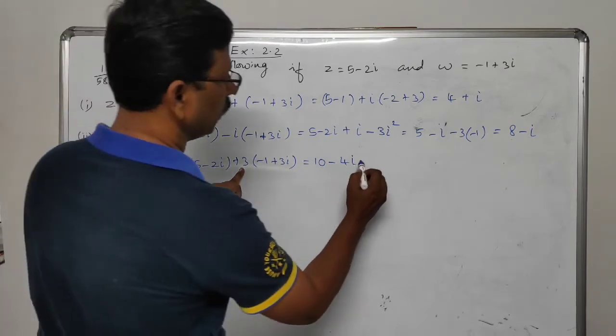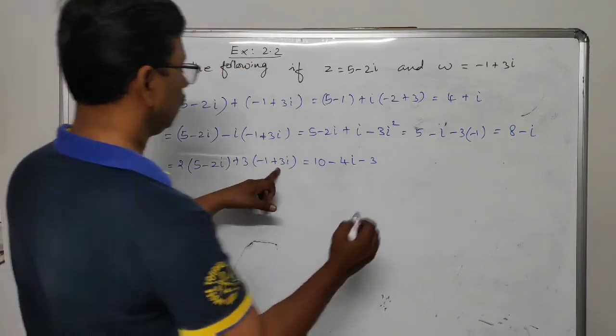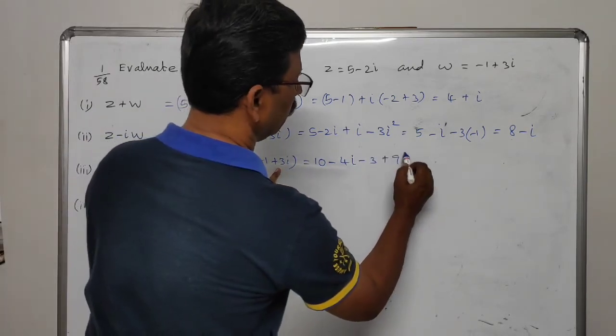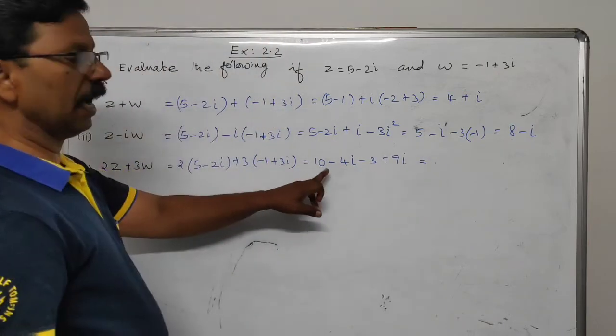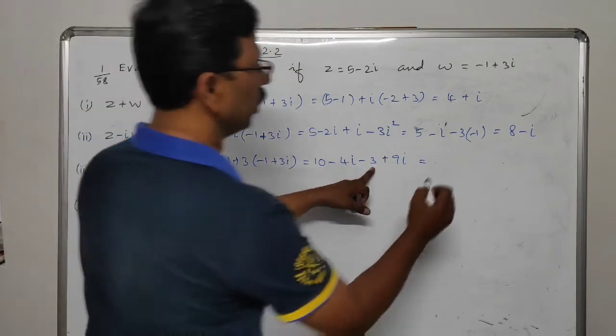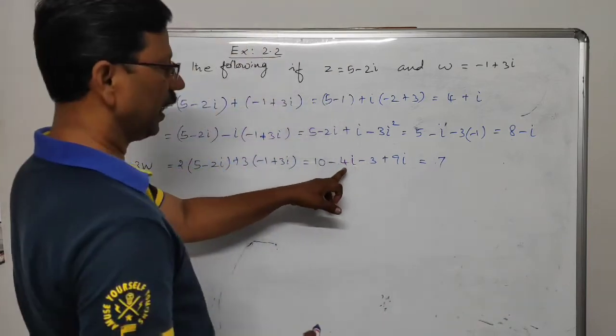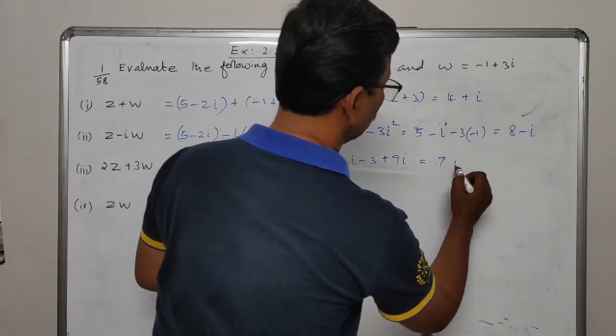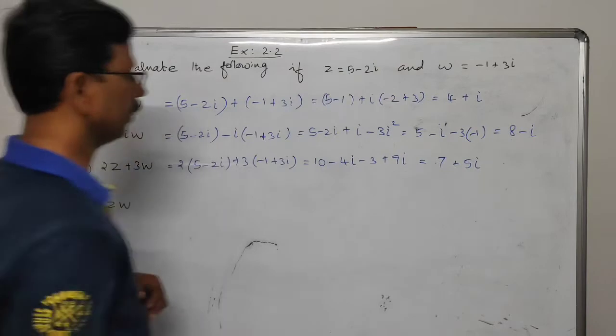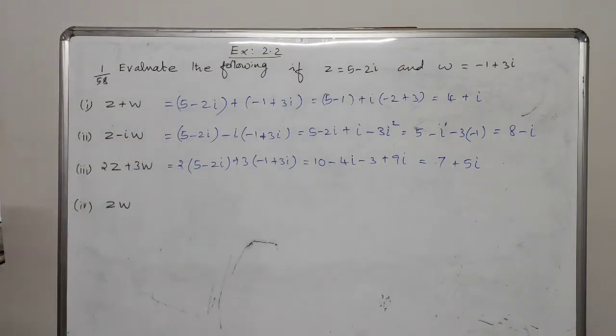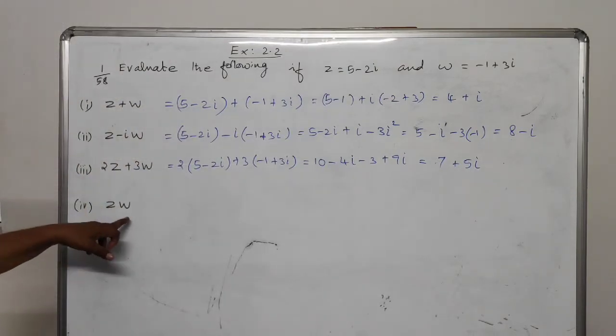Then this will be minus 3 plus 9i. Now the sum of these: again add the real parts together. 10 minus 3 gives 7. Minus 4i plus 9i equals plus 5i.